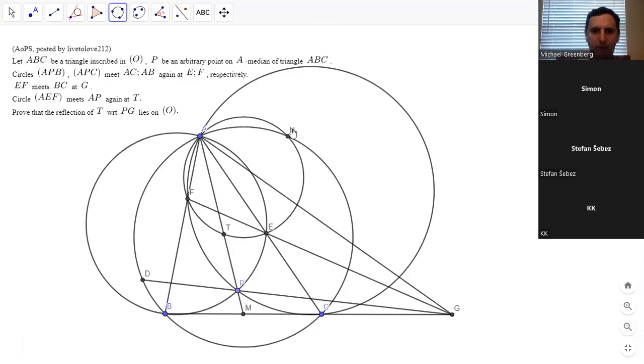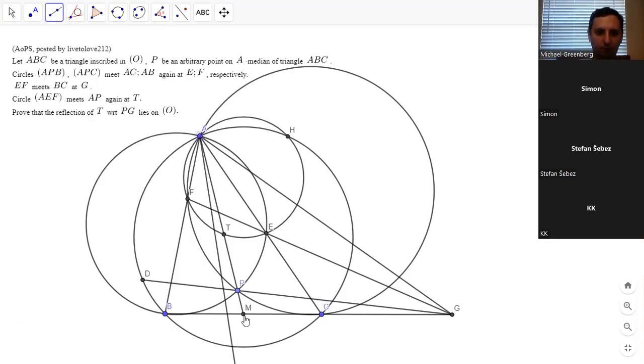So basically, we want to show HFTE is harmonic, right? That doesn't sound so bad. And we can project through A onto this circle. Yeah, okay, so that looks more reasonable.